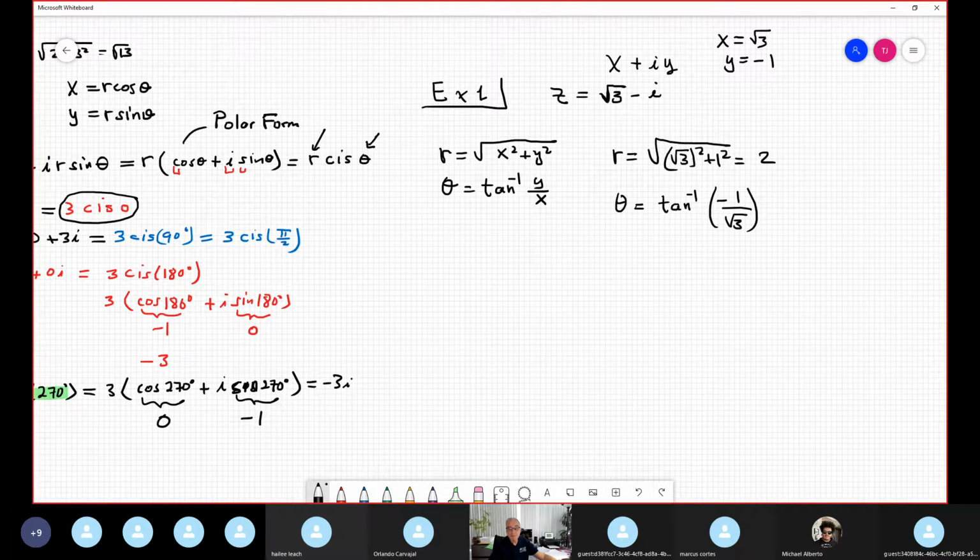Therefore, I need to remember, let me change it in another way, tangent theta is equal to minus radical 3 over 3, no? So you rationalize this. Minus 1 over radical 3, times radical 3 over radical 3, is minus radical 3 over 3. Okay.